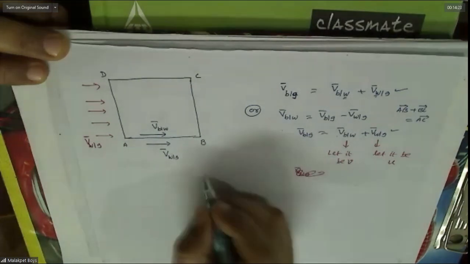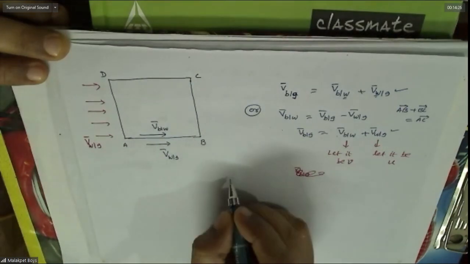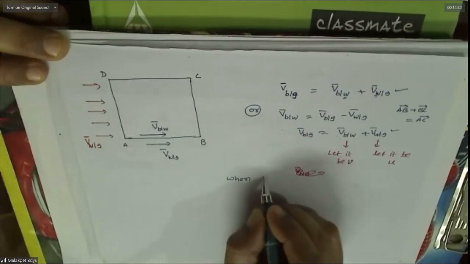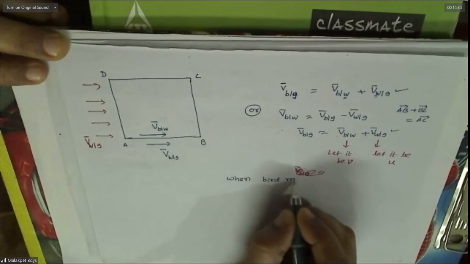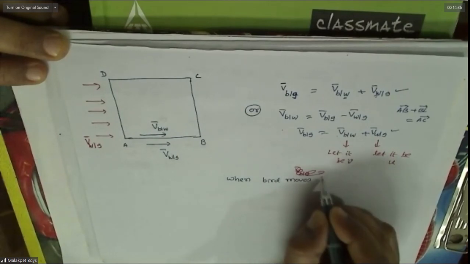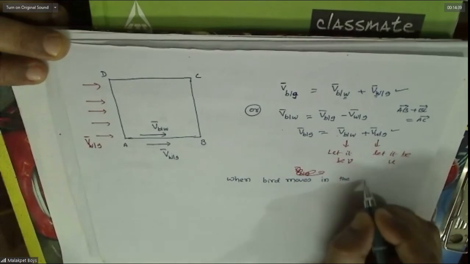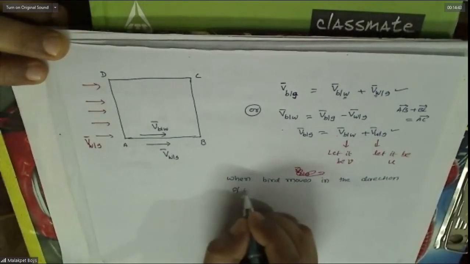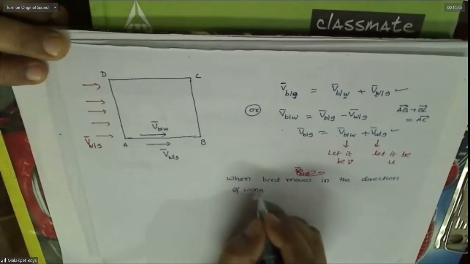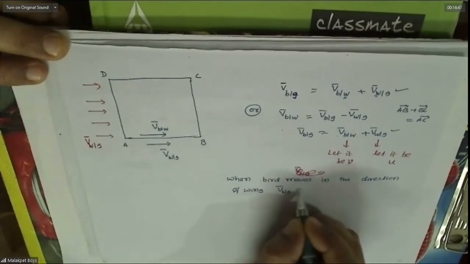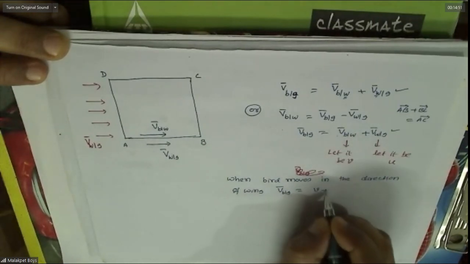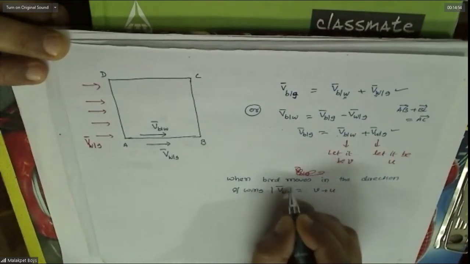Then you have in this case, when the bird moves in the direction of wind, what is the velocity of bird with respect to ground? You can see that both are in the same direction. Will be in the same direction or not?